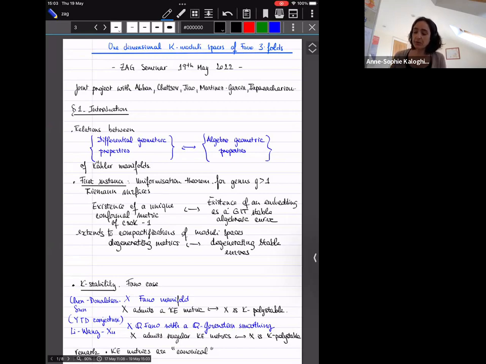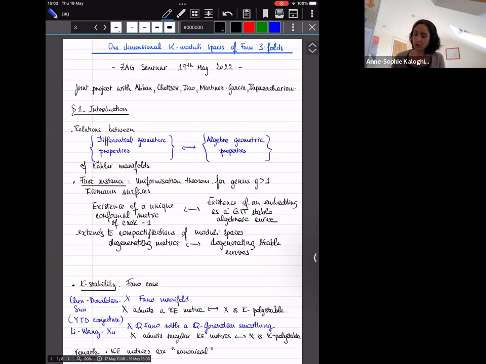The reason why I brought this up is that it's a very common procedure, at least on the differential geometric side, to construct moduli spaces for spaces endowed with special kinds of metrics.